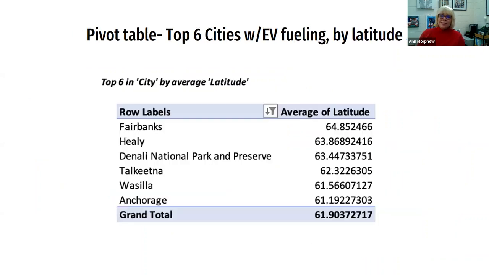We need fueling stations. Using some of the data I put into Excel and had help with my little statistician tutor, one of the suggestions was pick out the top cities by average latitude. So I did that and created a pivot chart. Doesn't have a whole lot of meaning, but I can imagine that it's the average latitude.